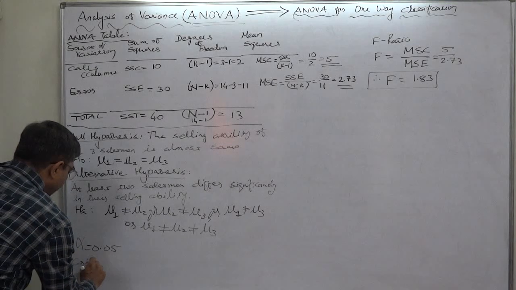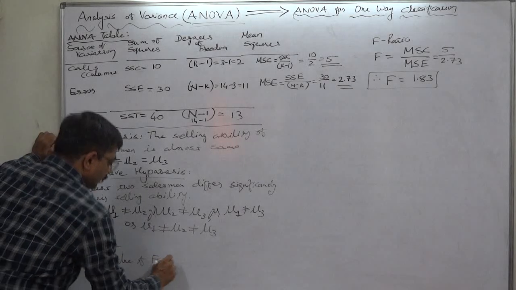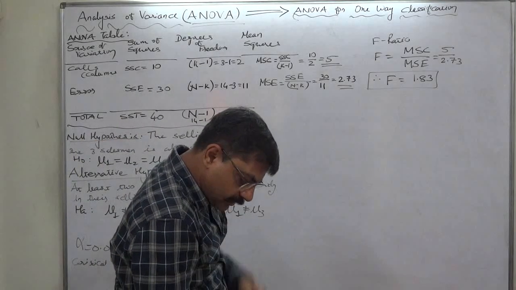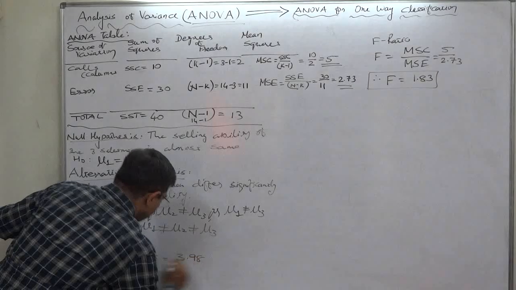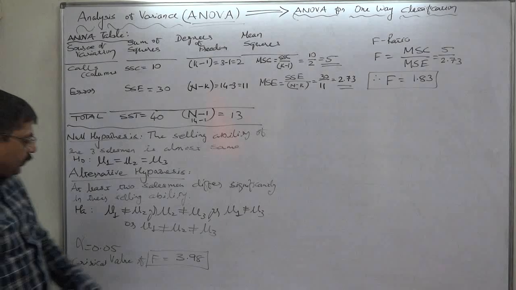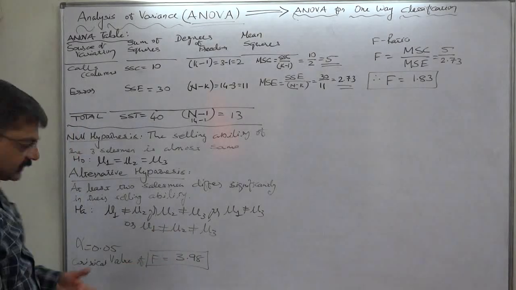The critical value of F for alpha 0.05 and degrees of freedom 2 and 11 is 3.98. I have already explained how to find the critical value of F from the table more than once in my previous lectures.